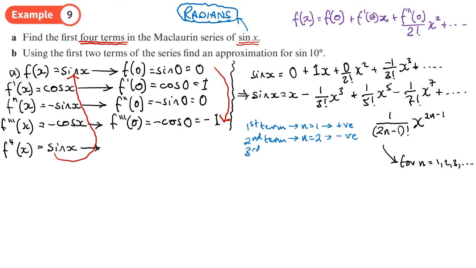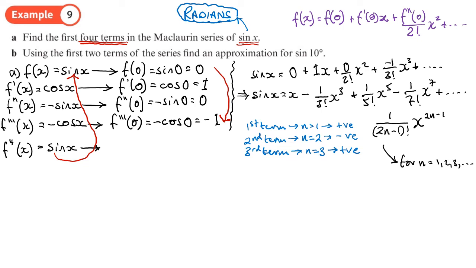The third term, I will get that when n is 3. You do 2 times 3 minus 1, so you'll get the power 5. Let's sort that 3 out. That is positive. Right, so what does that tell me? That tells me that when n is odd, I want it to be positive.